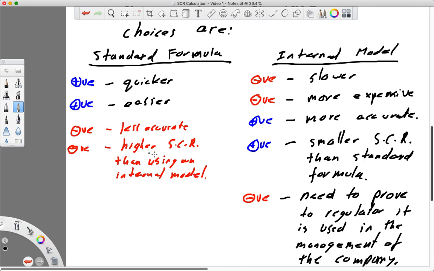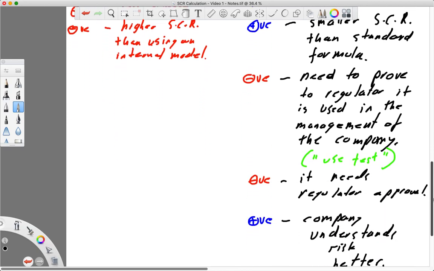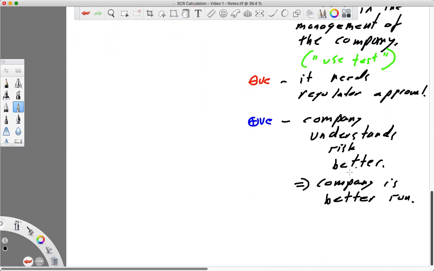They're not just following a set of instructions. And all of that thinking means that more risks will be identified, things will be thought about in more detail, more mitigants will be put in place. Arguably, doing it this way just leads to the company understanding its risk better, making better decisions, and the company overall being better run. Your expected profits should become more reliable because you're managing risk in a better way.